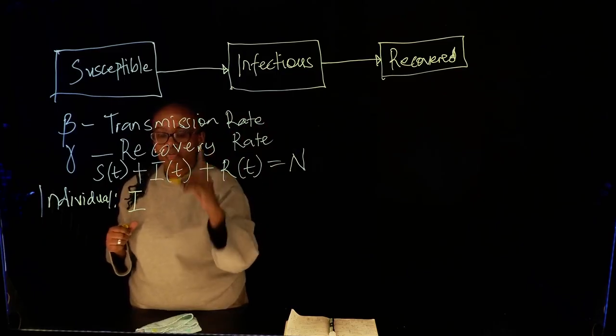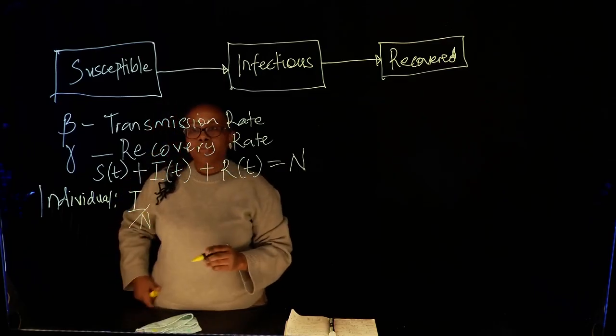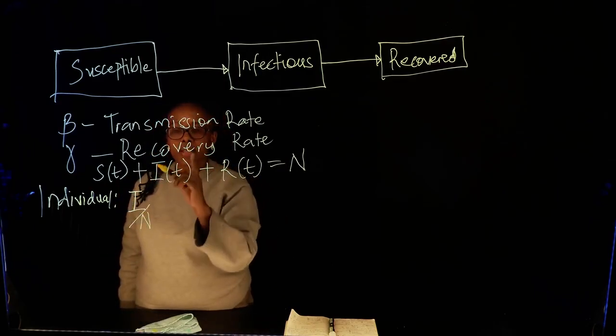So that's one infected person out of the total population interacting with one susceptible person.